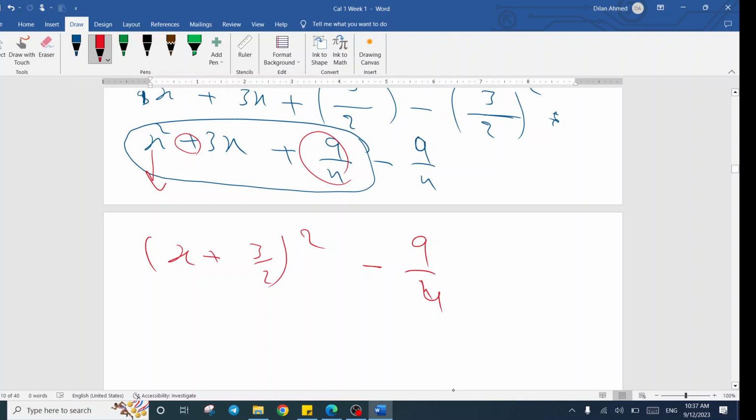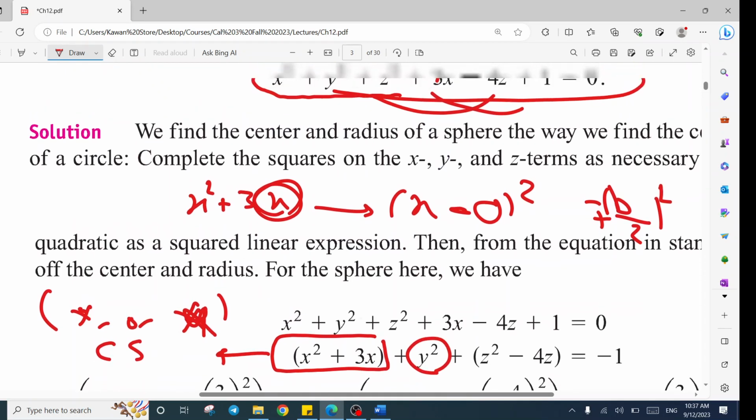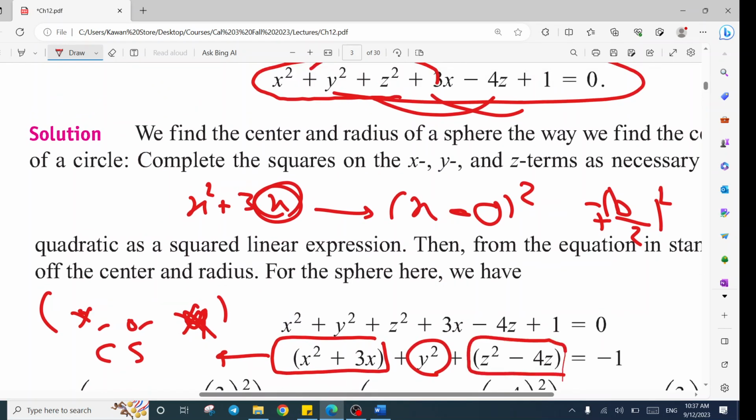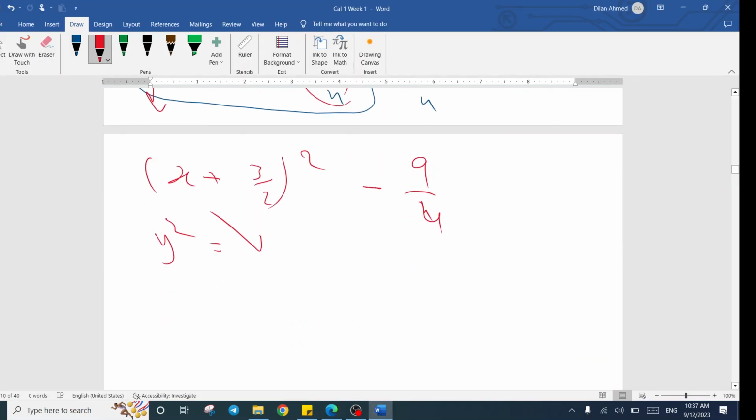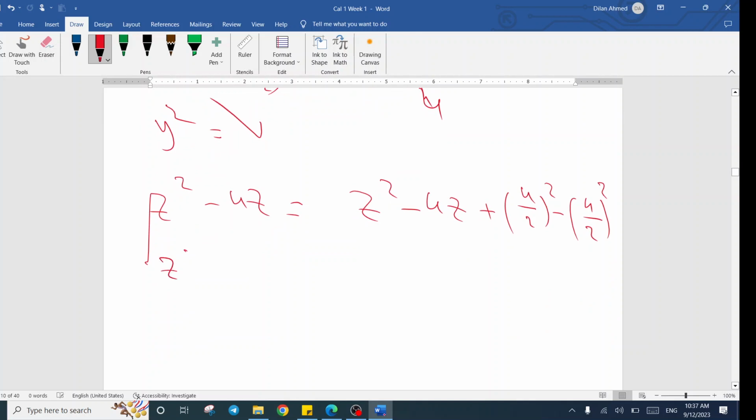How about the y part? Y is ready, right? How about the z part? Again, z squared minus 4z. So I'm going to change it to z squared minus 4z, plus and minus 2 squared, which is 4, minus 4.